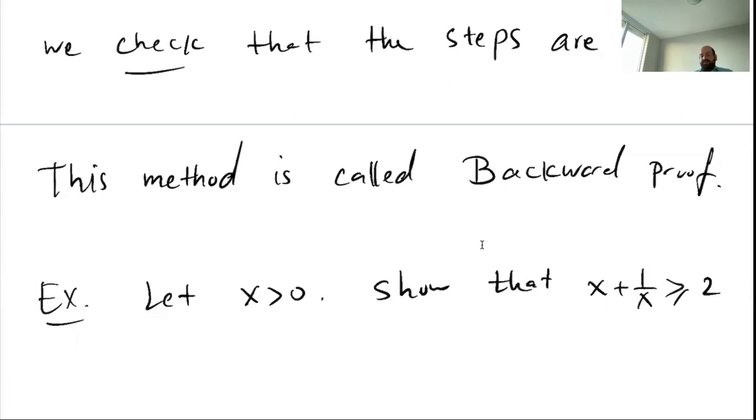Even if the number is less than 1, for example 1/2, then 1/2 plus 1 over 1/2 is 1/2 plus 2, which is also bigger than or equal to 2. If the number is 1, 1 plus 1 is bigger than or equal to 2. So any positive number plus its reciprocal is bigger than or equal to 2.